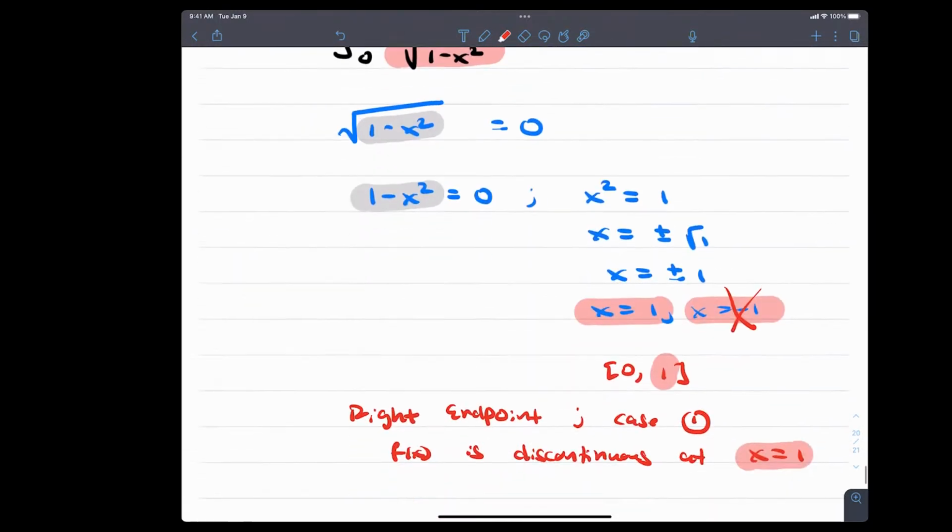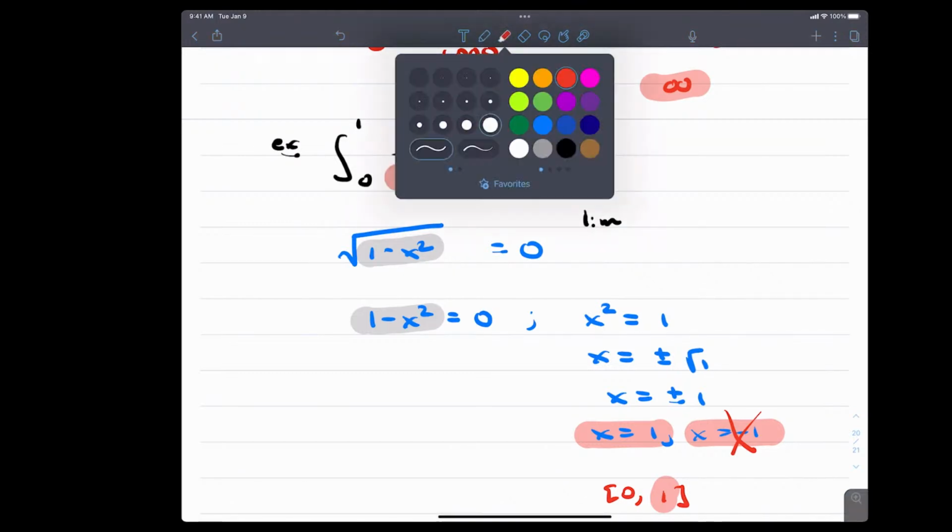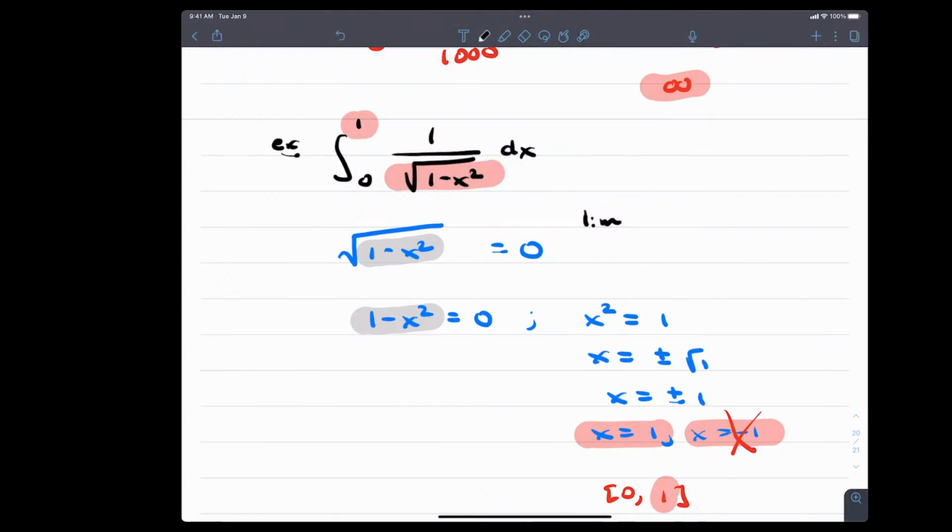So you're going to write down the definition now for this. This will be defined to be the limit as t goes to 1 from the left of the integral from 0 to t of 1 over the square root of 1 minus x squared dx. So I'm going to copy this here.